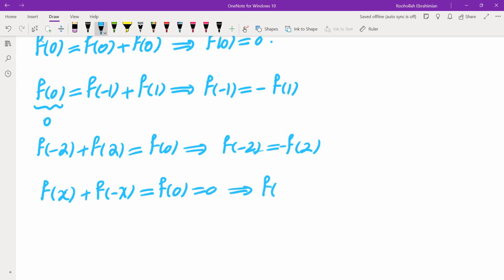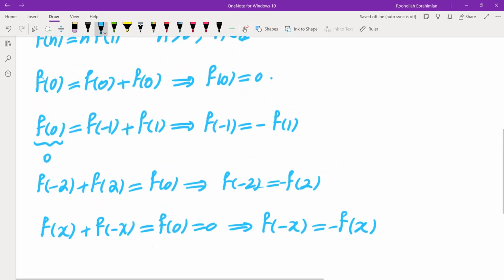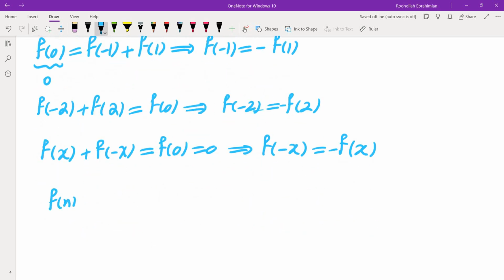So f of negative x is going to be negative f of x. So this means I can get f of all integers as n times f of 1. Okay, so this is true for every integer n.